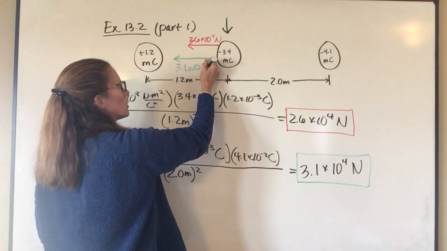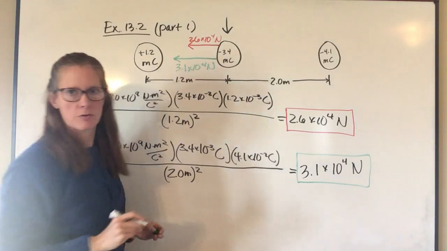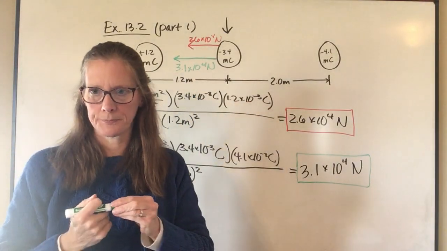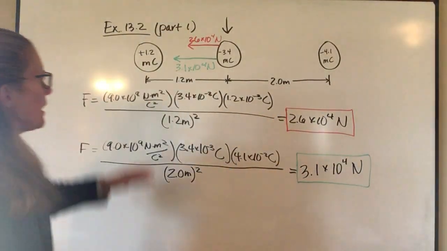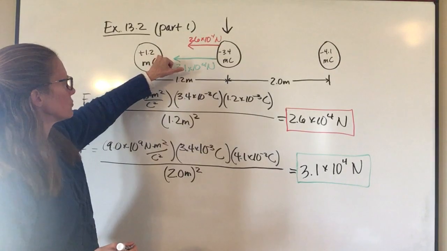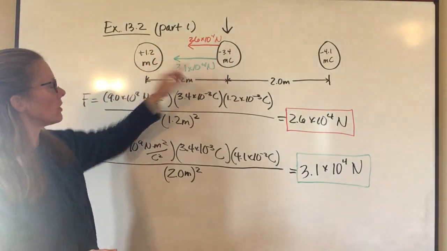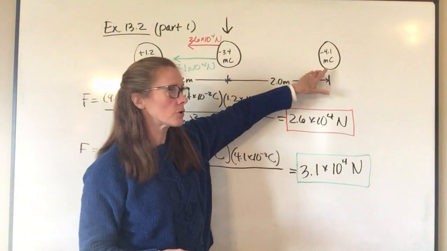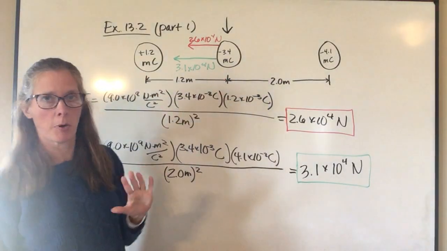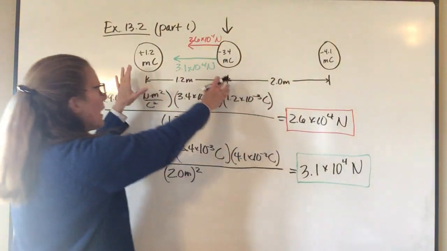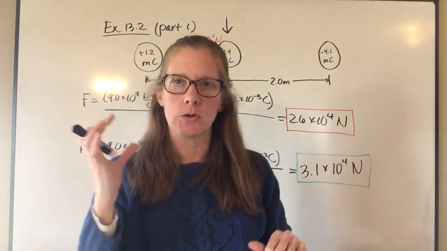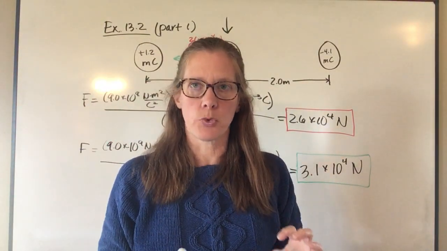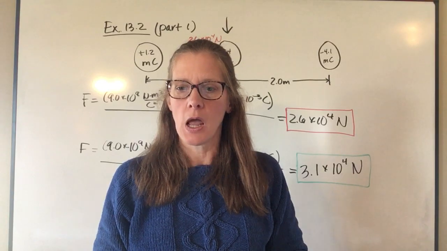So this is 3.1 times 10 to the 4th newtons. Okay? So both of these, this one exerts a force to the left on the center particle. This one also exerts a force to the left on the center particle, because these two are repulsive and these two are attractive. So you have to think through that in your head in order to determine which way that force is going to happen.